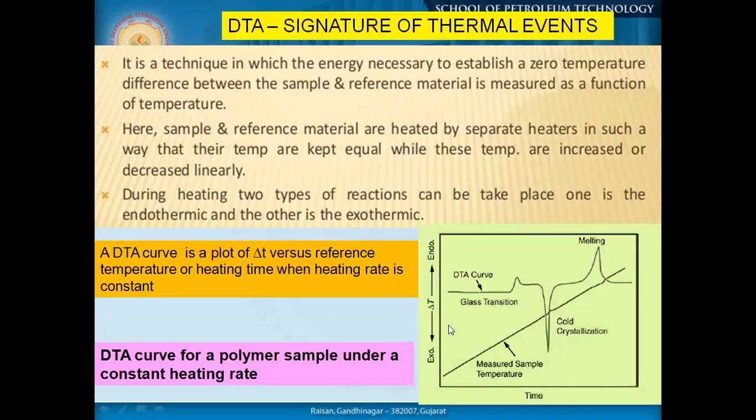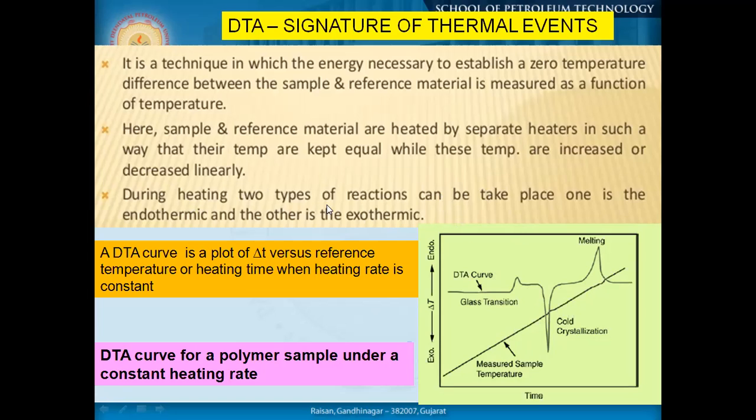This is the measured sample temperature input, and we are getting the difference part. In both cases the sample and the reference are heating at the same rate, but now we are trying to observe the difference in temperature between the sample and the reference.